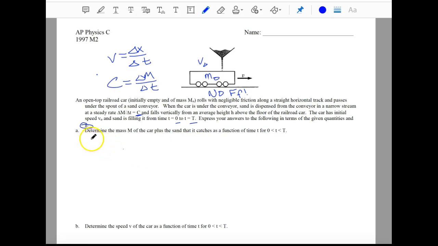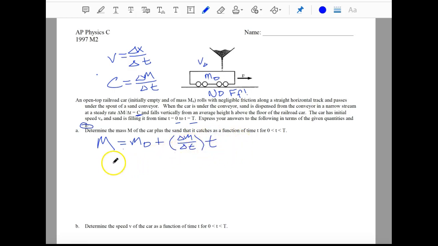So to do that, we're going to say that big M is that total mass, and that's equal to M0, which is the original mass of the cart, plus that flow rate. Remember, the flow rate is delta M over delta T, so that's the amount of sand coming through, times the time.